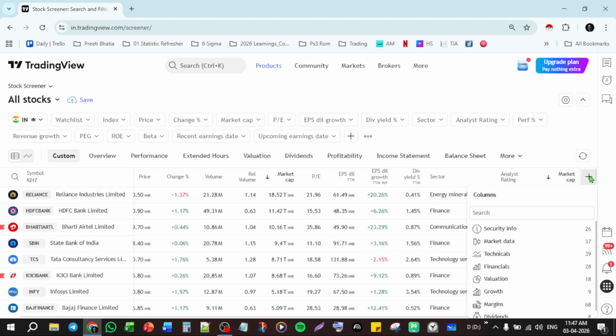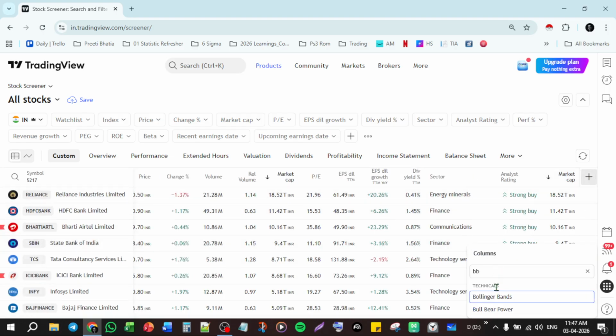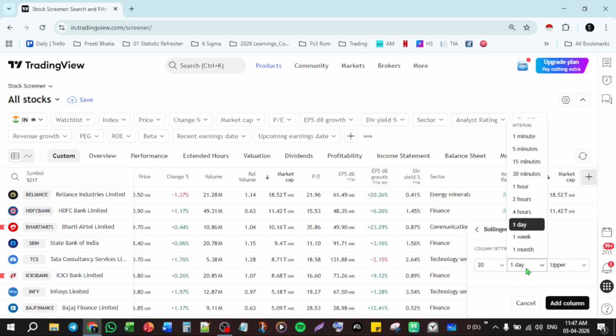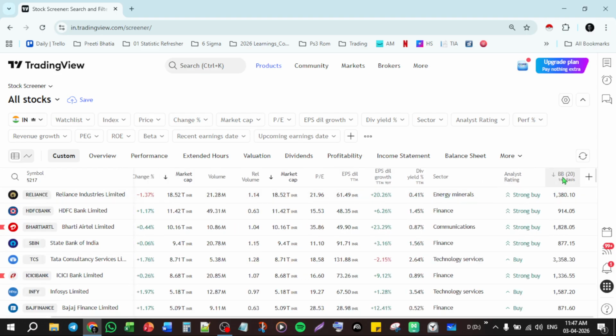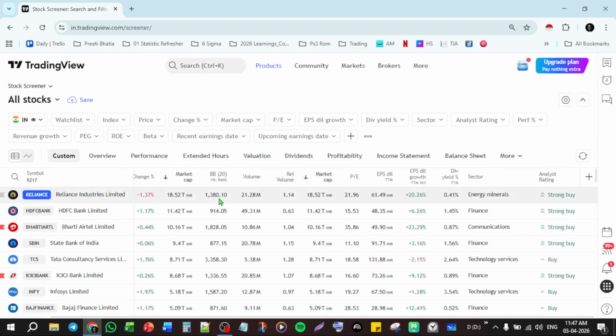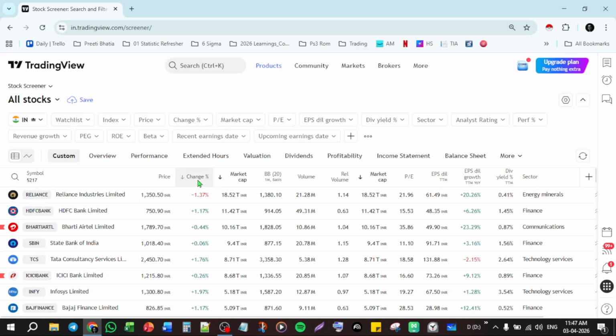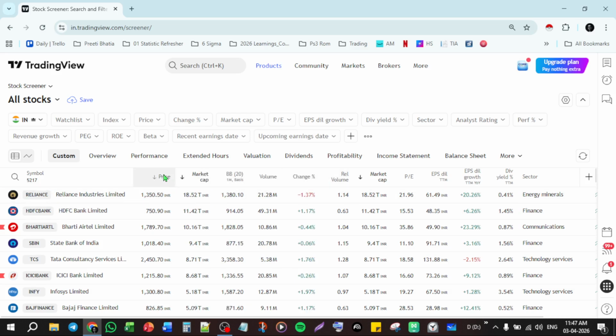I'm going to add Bollinger, two columns. I'm going to take it to this one. I don't want this. Now I have price, market cap, and volume.